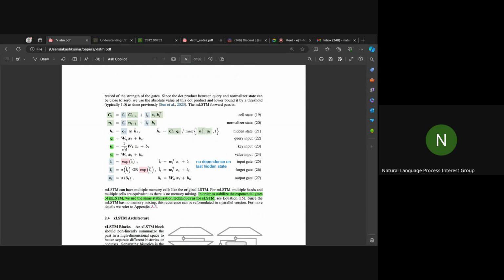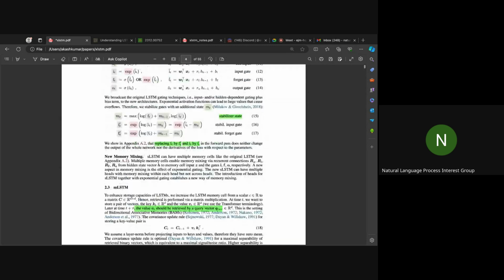What is happening is that at each time step, the hidden state that we are trying to calculate is like the cell state at that time multiplied by the query vector. So this is something like you're trying to remember specific parts from the memory based on this particular query vector. And here also they have the exponential gates and the stabilizer gates.